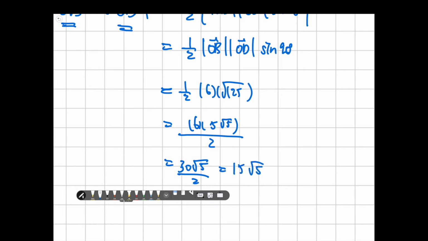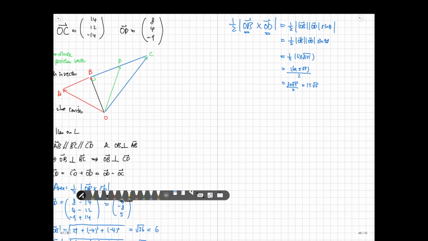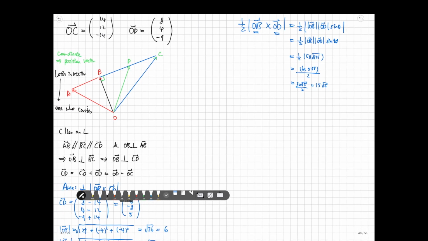That is just equal to 15 square root 5. So that is the answer for this question.